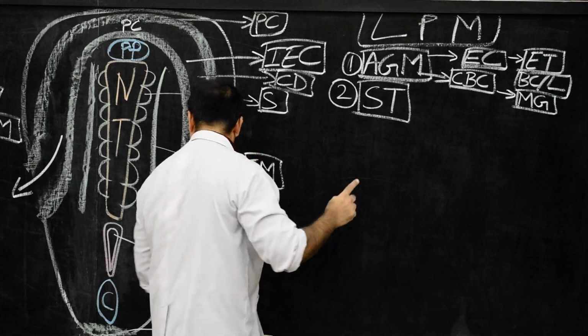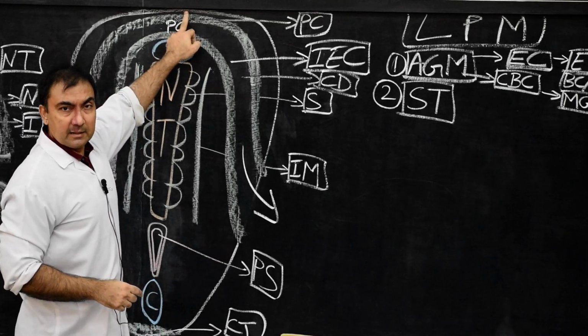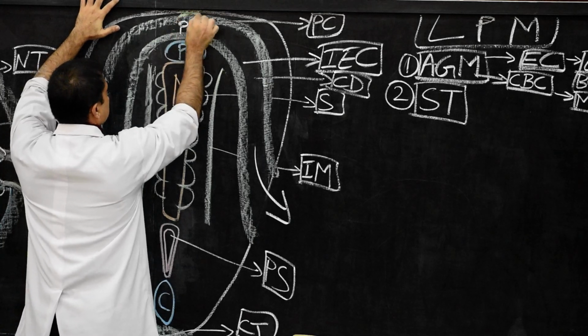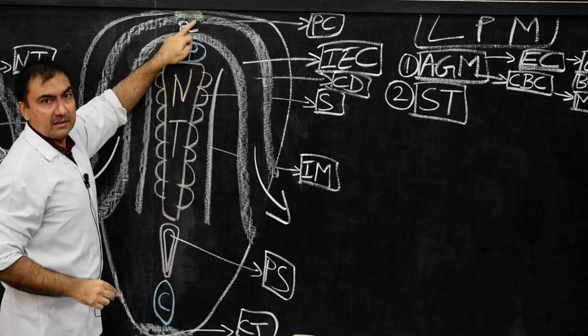So if I want to show septum transversum in this diagram, see here, I am going to show it just in front of the pericardial cavity.